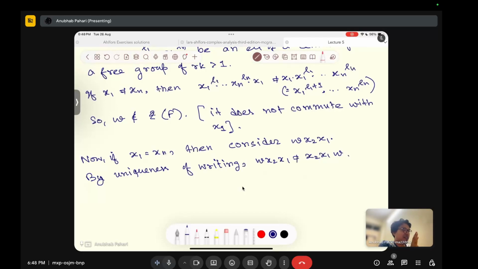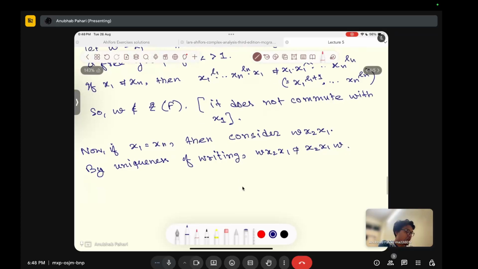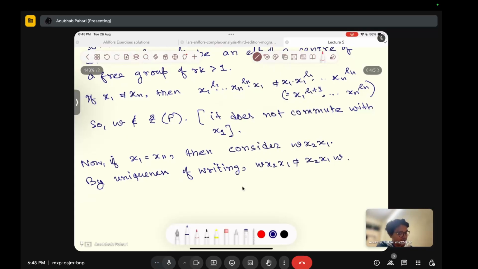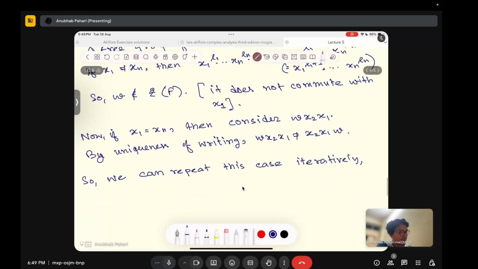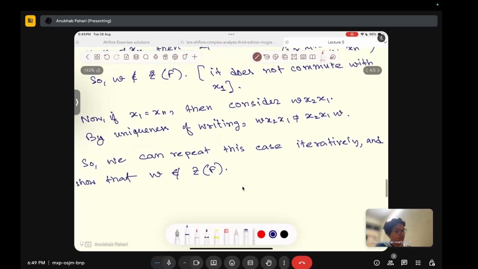Let me write it more precisely. So we can repeat this case iteratively or inductively and show that w does not belong to Z of F if n greater than 1.